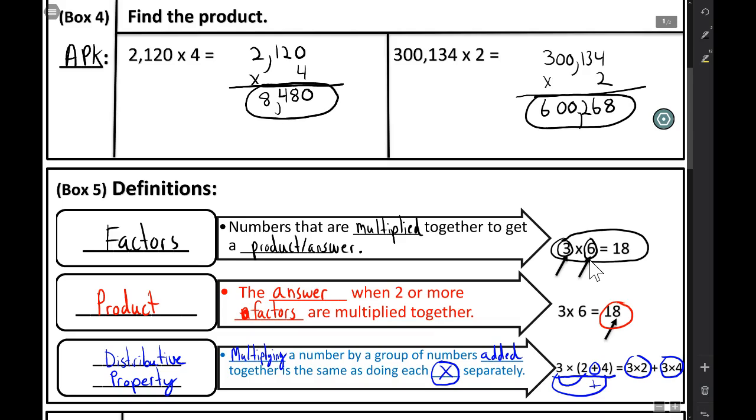So what they're saying is, if I take 3 times parentheses 2 plus 4, I'm going to get the same thing as if I were to just multiply them separately.